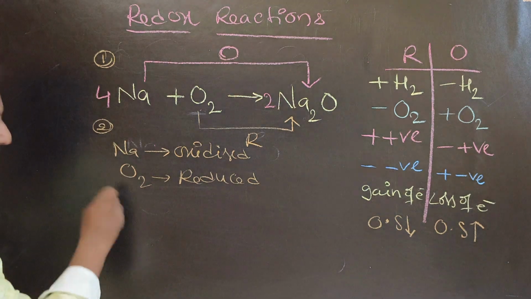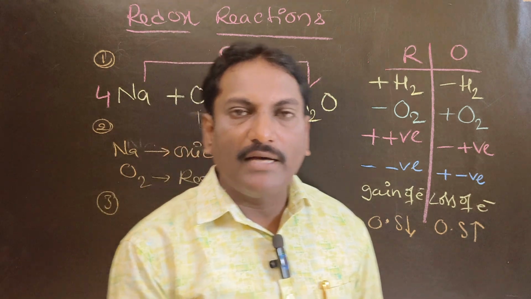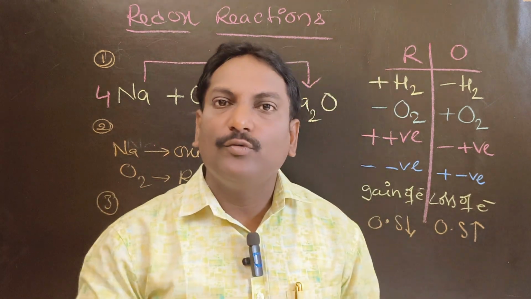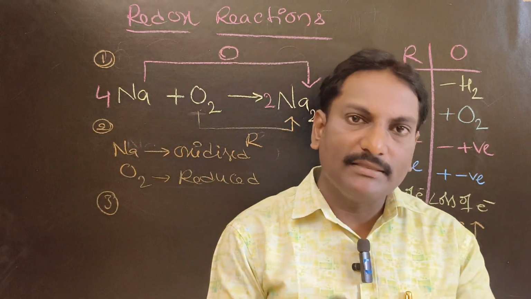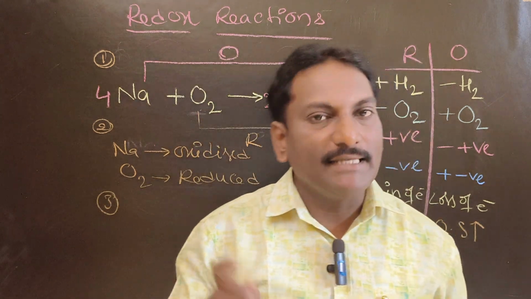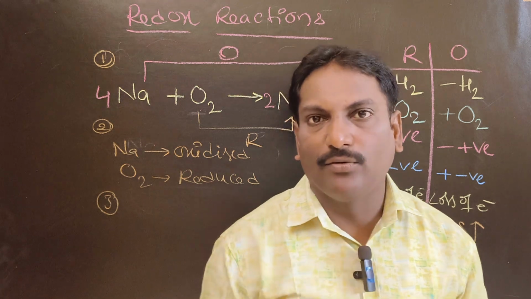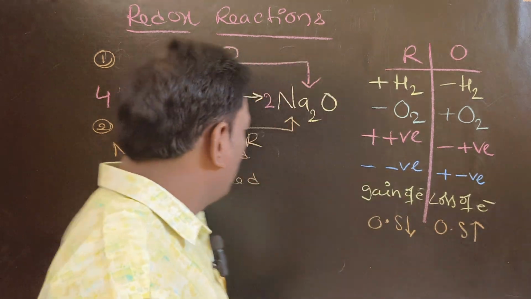So category number 3, what is that category? Which one is the oxidizing agent in the given reaction? Which one is the reducing agent in the given reaction? We need to identify. What is meant by oxidizing agent? What is meant by reducing agent? Please make a note of it. Very, very important.